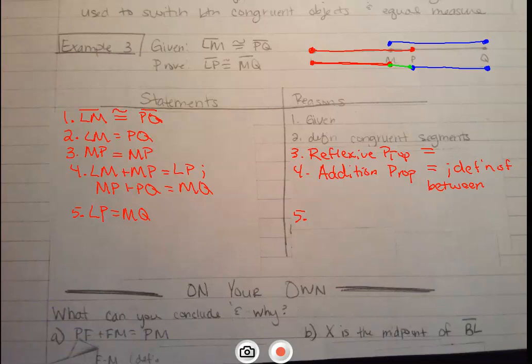Okay, with symmetric, we're saying if A equals B, then B equals A, so we still have the same order. But now we're substituting in what we just discovered. Because we added MP to both, and since MP was equal to MP, we can substitute LP for LM and MQ for PQ. So this one is just substitution.